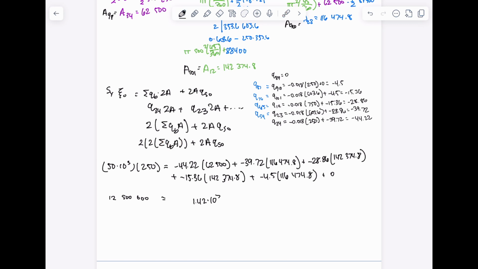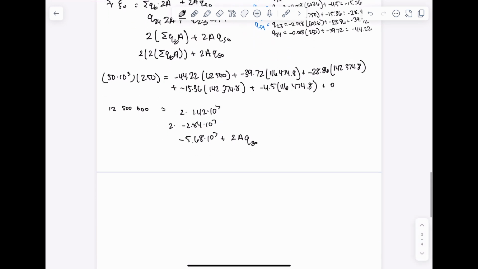Now we just need to multiply by 2, which is equal to negative 2.84 times 10 to the power 7, and multiply by 2 again, which will be equal to 5.68 times 10 to the power 7, plus, since we only solved for this section right here, we need to add 2 times the total area times the correction shear flow.